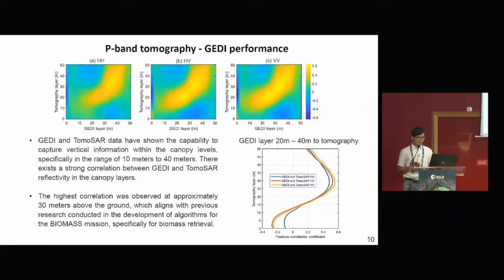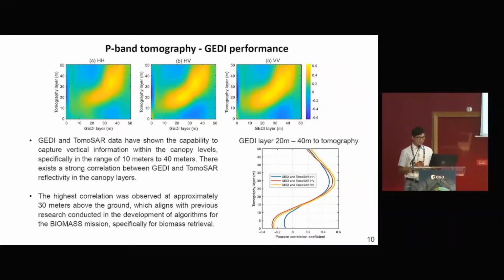The next one, we focus on the reflectivity. We have the ground elevation, the canopy height, and the profile, and we try to understand the sensitivity here. To understand the correlation, we normalize in a certain way so that the maximum of each single shot in the vertical is equal to one, and we put together to see here.